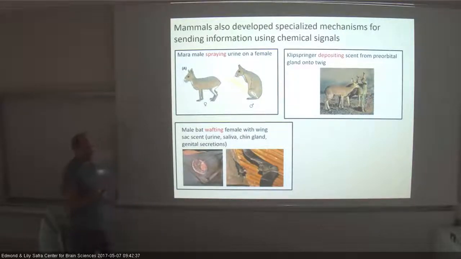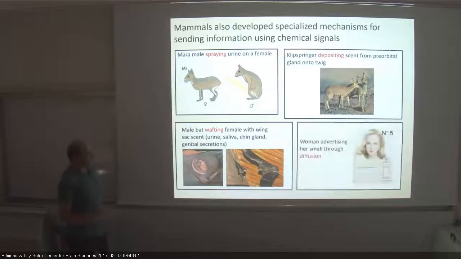There's some stew that the male makes, and then he uses his wings to blow the scent over the female. So it's another example of advertising in an active way. And of course, even if we think of this as something a little bit disagreeable, there's a lot of information probably contained in these secretions that the male advertises to the female.